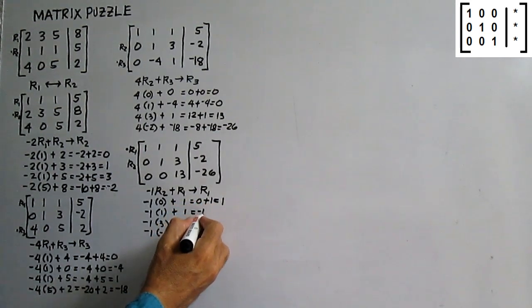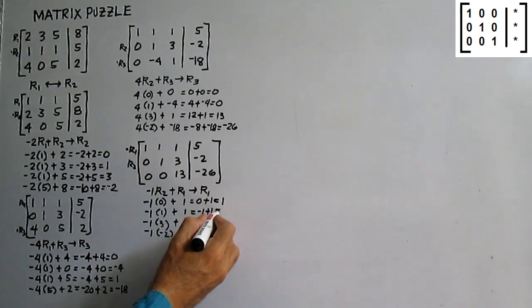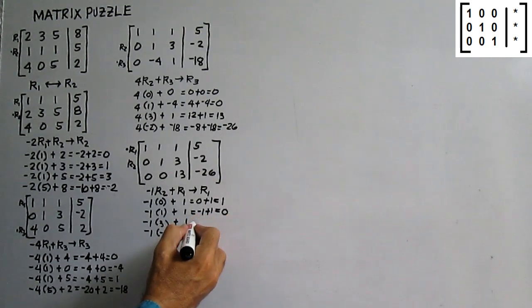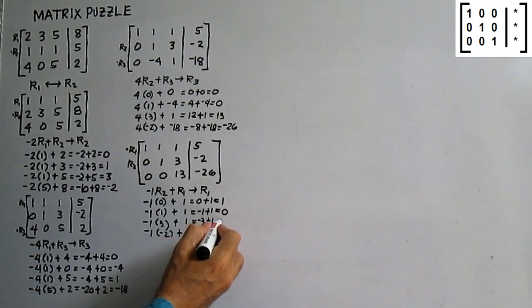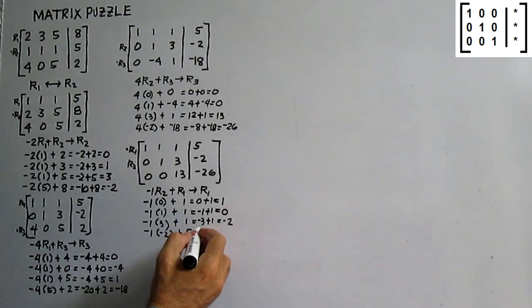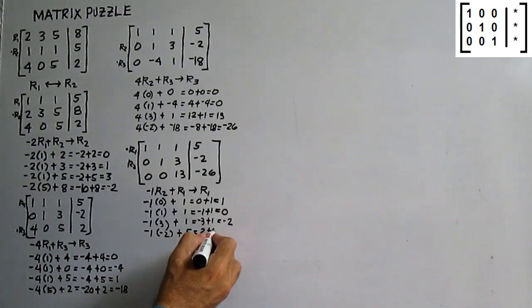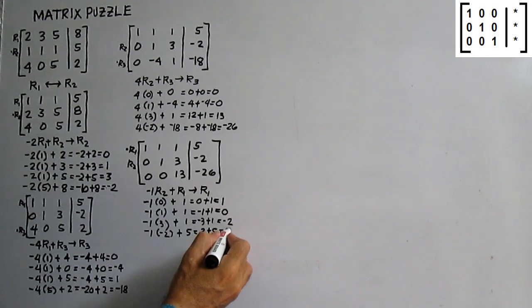Negative 1 plus 1 is equal to 0. Negative 3 plus 1 is equal to negative 2. 2 plus 5 is equal to 7.